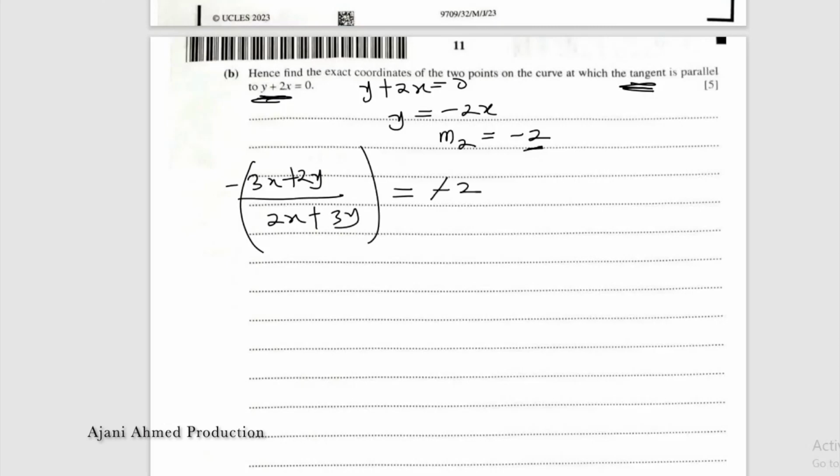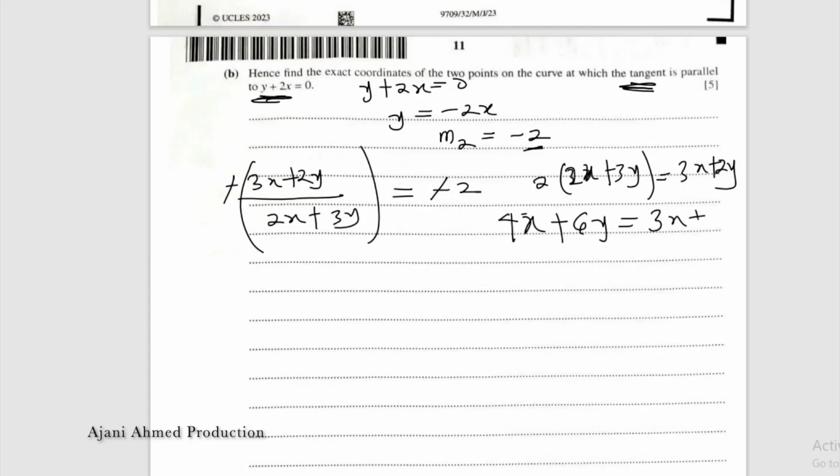Minus, cancel what? Minus. Cross multiply. Then we're going to have 2 into bracket 2x plus 3y equal 3x plus 2y. Open the bracket. I'm going to have 4x plus 6y equals 3x plus 2y.